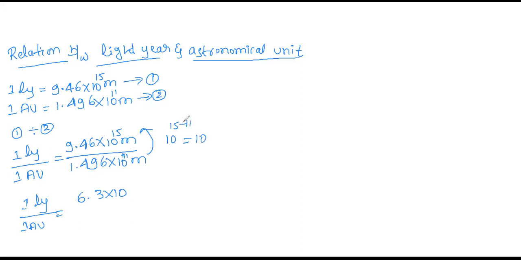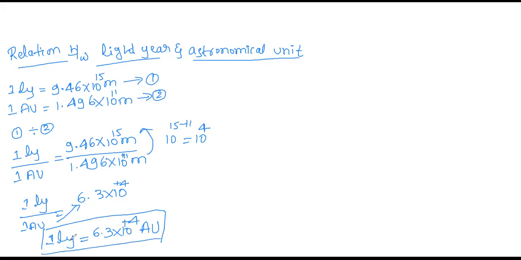Therefore 10 to the power of 15 minus 11, we get 4. Therefore 6.3 into 10 to the power of plus 4. Then what is the value of 1 light year? Multiplying this to the right side, 1 light year is equal to 6.3 into 10 to the power of plus 4 astronomical unit. This is the relation between light year and astronomical unit.